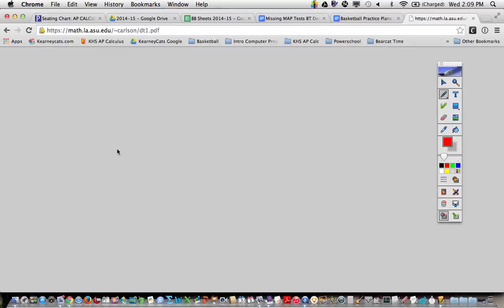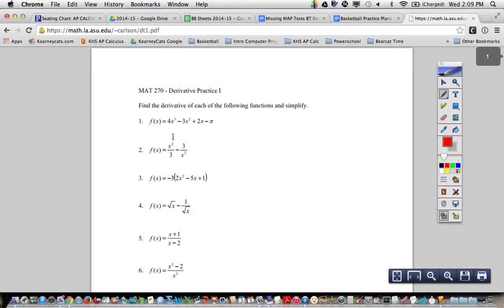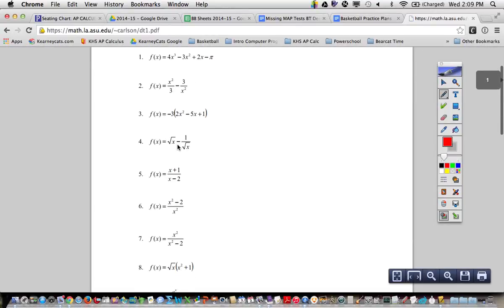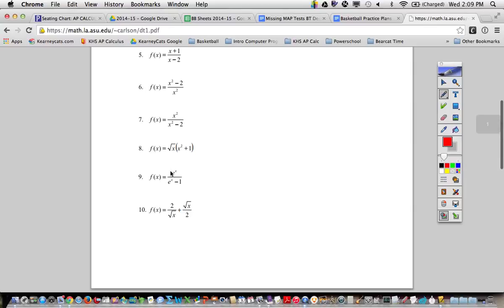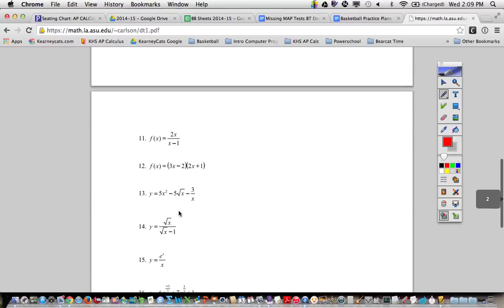So I haven't been on these for a while. They're PDFs. Let me look at this. So practice test 1. They start out pretty basic. Then there's some quotient rule. This one you could actually simplify. You could split this apart, like this over this would be 1, and this over this, that kind of thing. But then this one you can't, so you'd have to do a quotient rule. So I'm looking at this one.